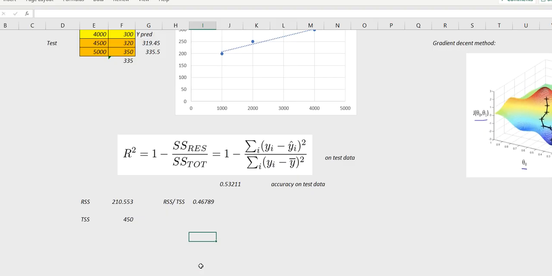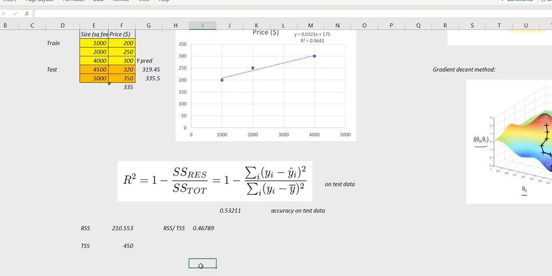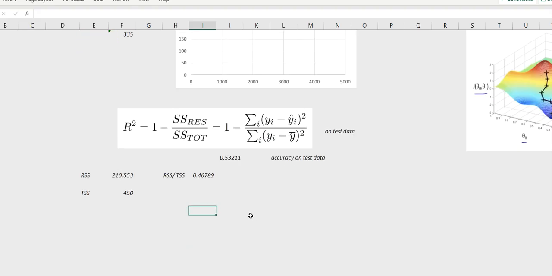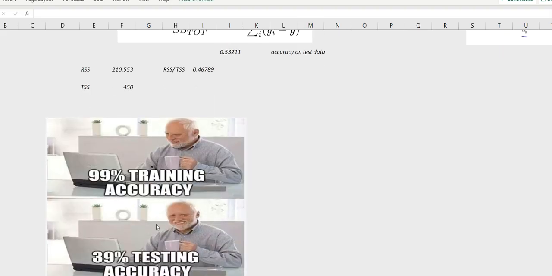Now what is the issue here? It gives 96% accuracy with the trained data, but when I pass some unknown data to this model, I am getting accuracy of only 53%. So what type of problem is this? Suppose the condition is 99% accuracy with training, but accuracy with unknown data is 39%.